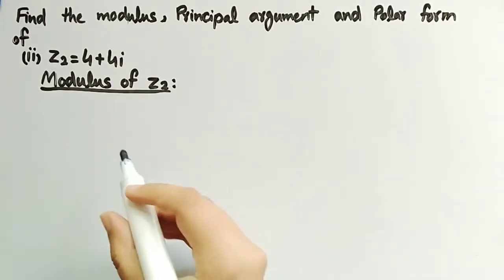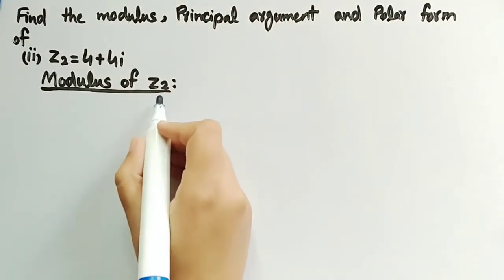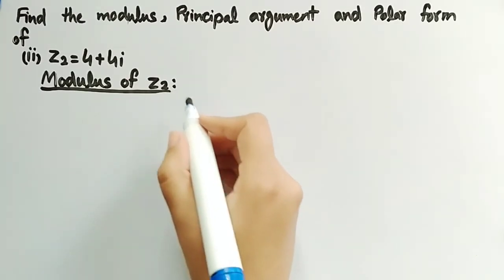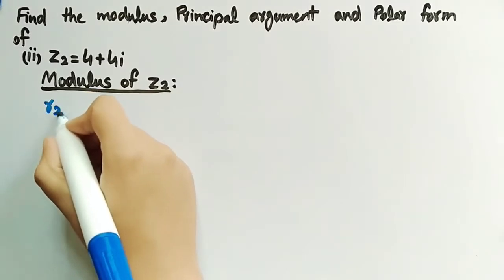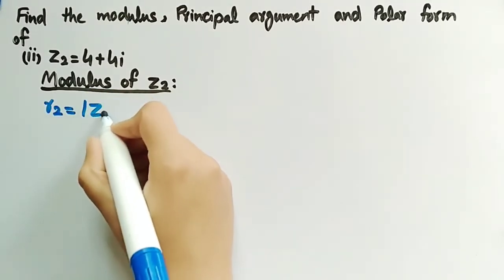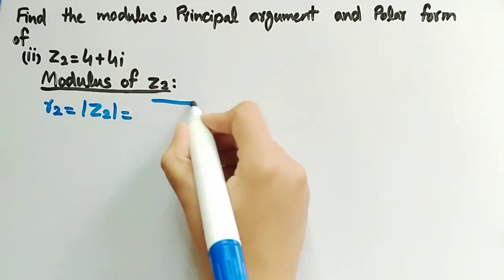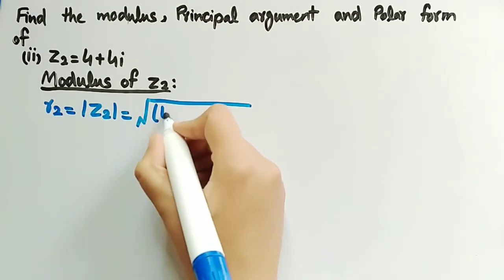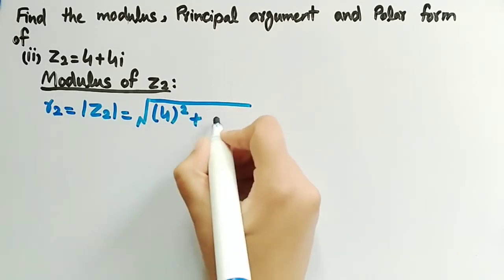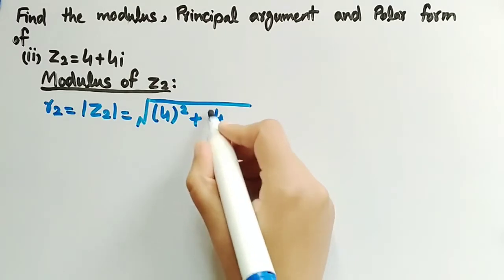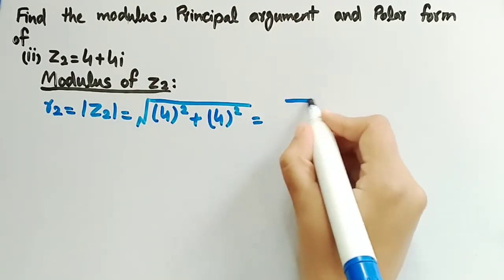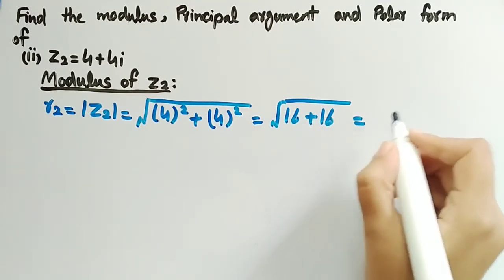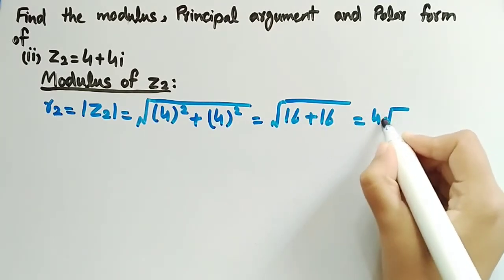Consider the second complex number, and firstly we will find its modulus. Modulus of z2 will be equal to, let's denote its modulus by r2, and it will be equal to mod of z2 which is equal to square root, and under square root there will be the square of its real part which is 4 plus square of its imaginary part which is also 4, and we get square root of 16 plus 16 which is equal to 4 square root 2.